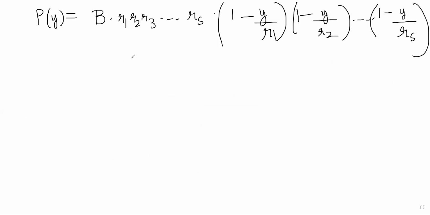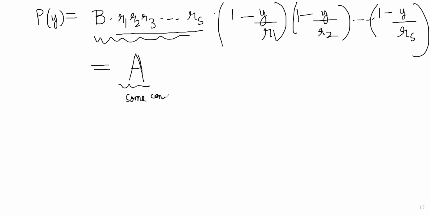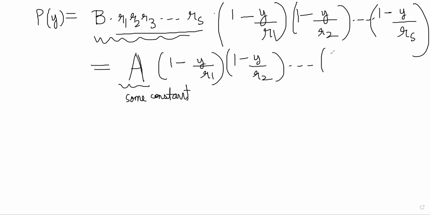We can now combine this b with these roots and call it another constant, let's call it a again. I don't care about the value of the constant at this stage. It is just the product of b and all of these roots. So a into 1 minus y by r1 into 1 minus y by r2, and so on. This is a valid expression for the polynomial p(y).